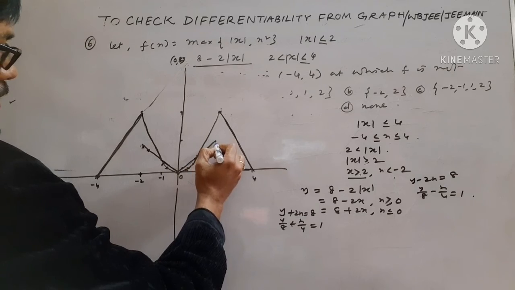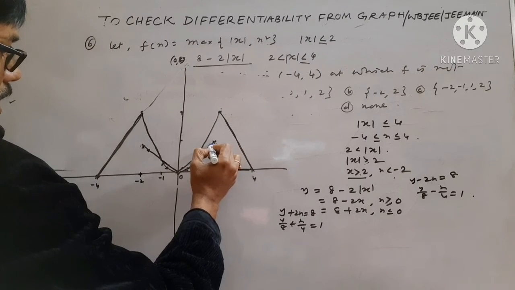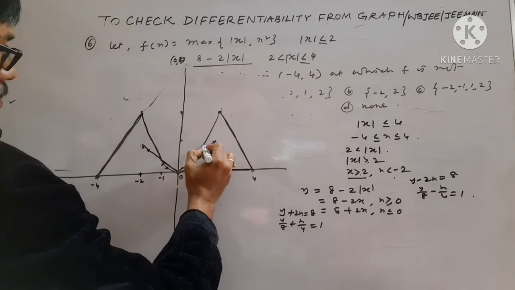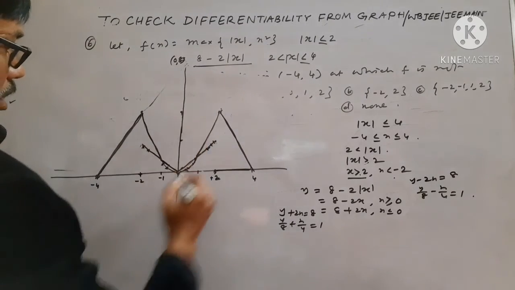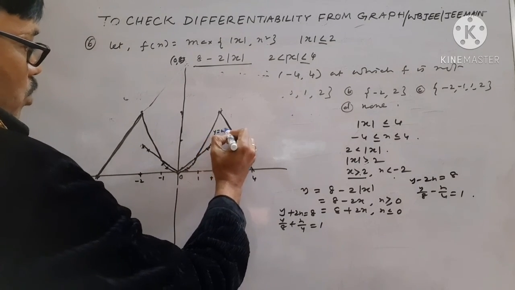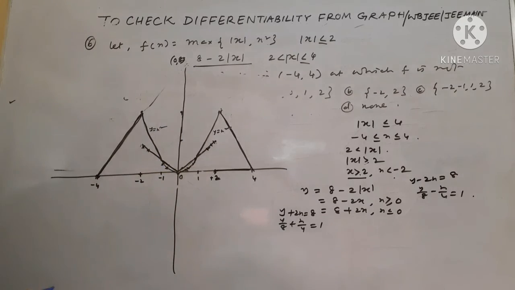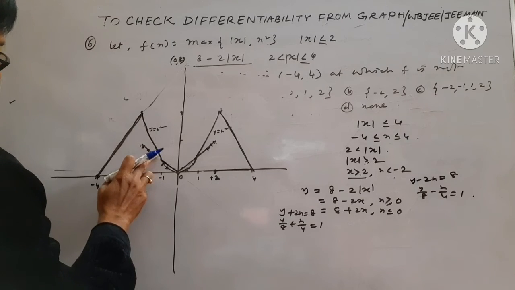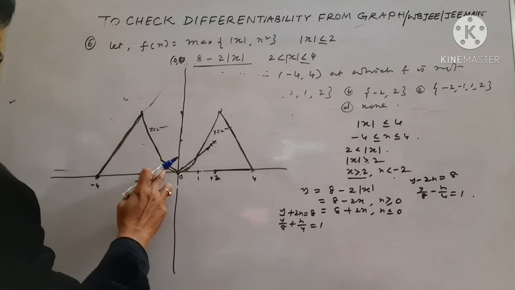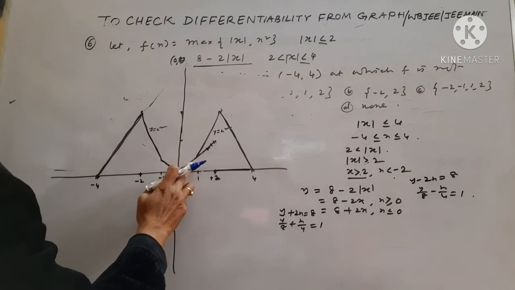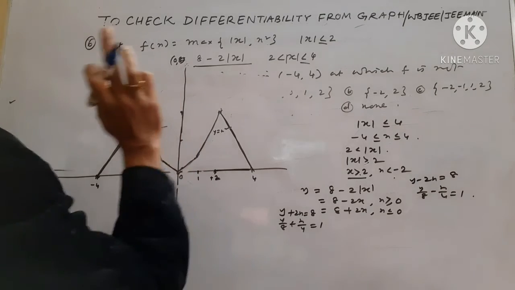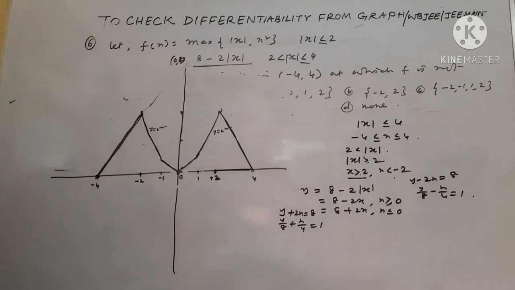Again this one is present, this cancels out. This is y equals x square, and this is also y equals x square. So the figure will be like this, and these parts cancel out.